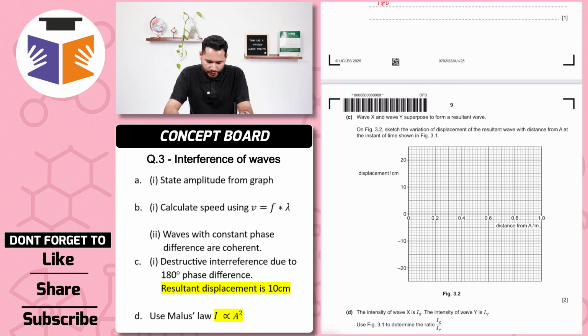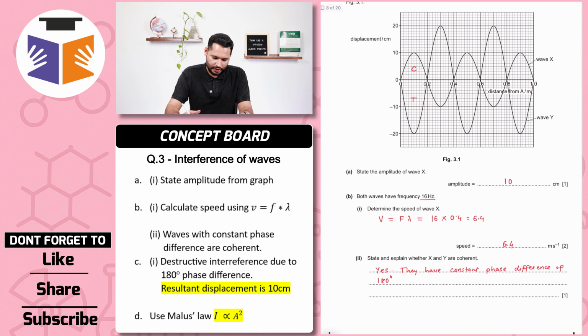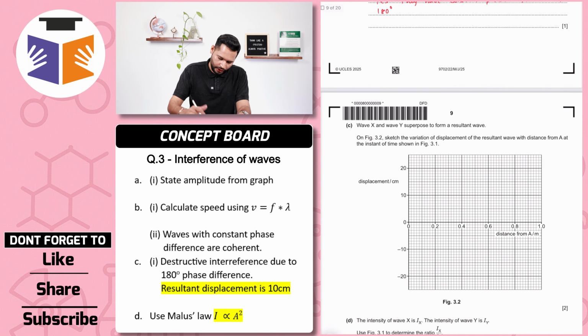Next, wave X and wave Y superimpose to form a resultant wave. On figure 3.2, sketch the variation of displacement of the resultant wave with distance from A at the instant of time shown in figure 3.1. Now as you can see, these two waves are in 180 degree phase difference, so there is going to be destructive interference. So one wave is going upward with displacement of 10 centimeter, and at the same time the second wave is moving downward with the displacement of 20 centimeter.